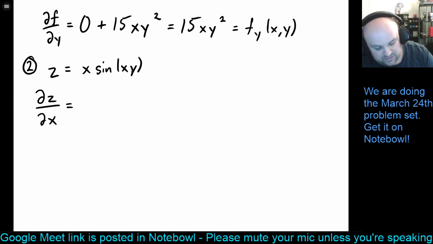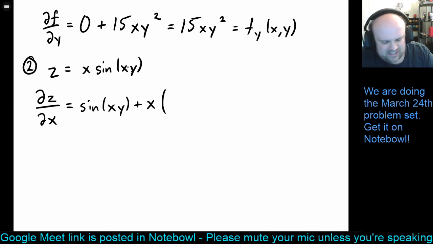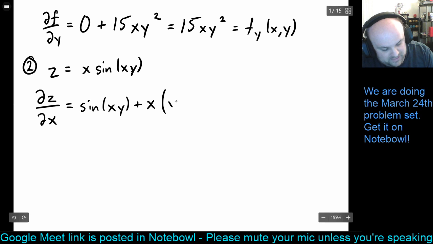So derivative of that first x there leaves us with sine of xy. And then differentiate the second part. We have x times, we're going to get a bit of a chain rule on this one. This is basically like differentiating sine of 2x. So when we would differentiate that, the derivative of the inside pops out and gives us a y, and then we have cosine of xy.